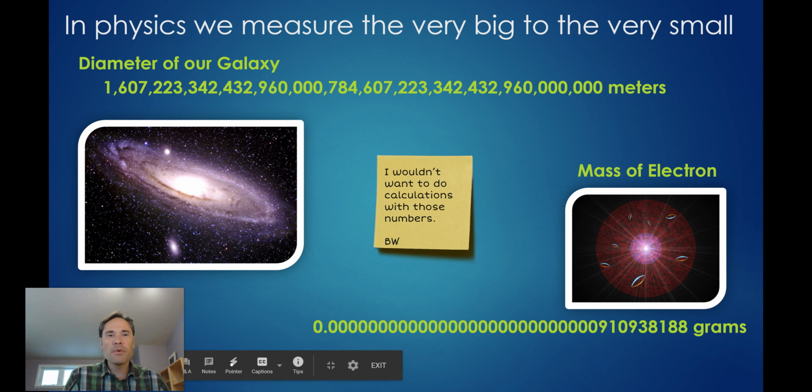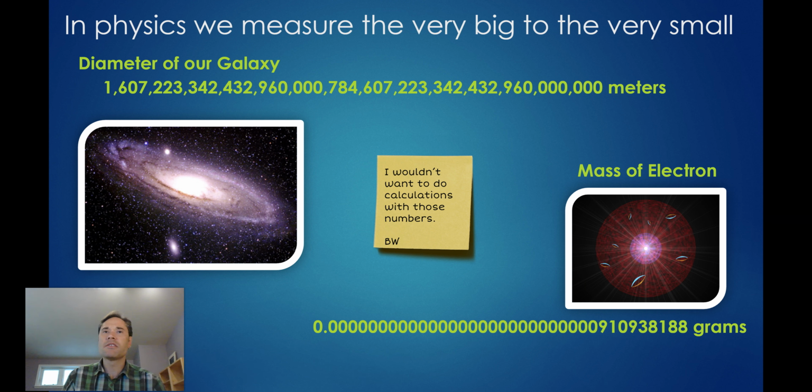And so one of the things we're going to take a look at here is numbers like the diameter of our galaxy. Now, the Earth and the solar system that we live in are actually one small piece of this large stellar organization that's called a galaxy. And there are many, many galaxies spread throughout our whole universe.